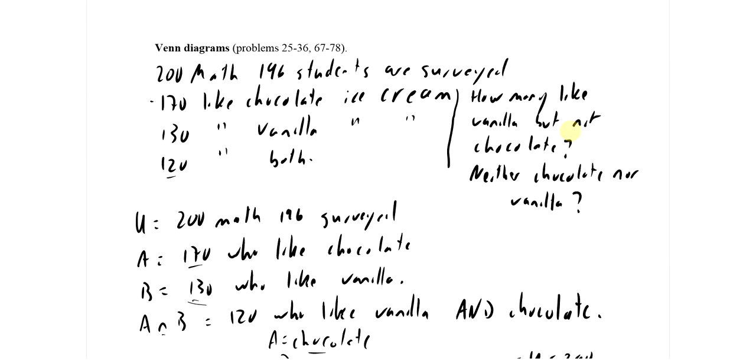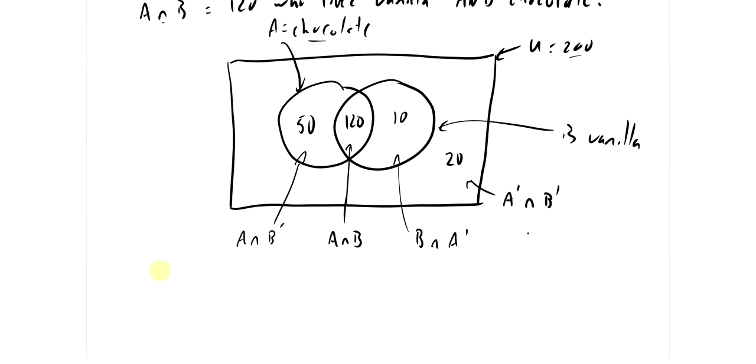Can we answer some of these other questions? How many like vanilla but not chocolate? Well, vanilla and not chocolate is B and A prime. So vanilla and not chocolate, that's this group. 10 of them.